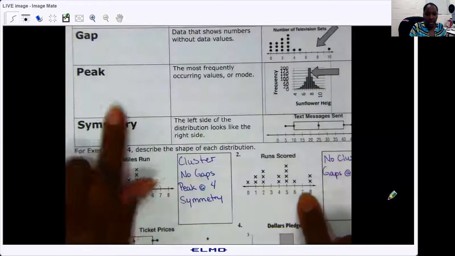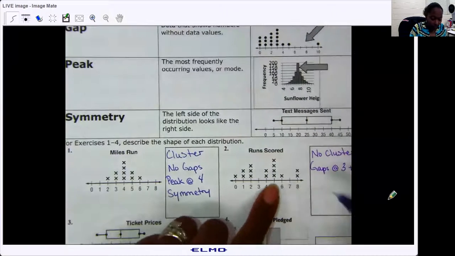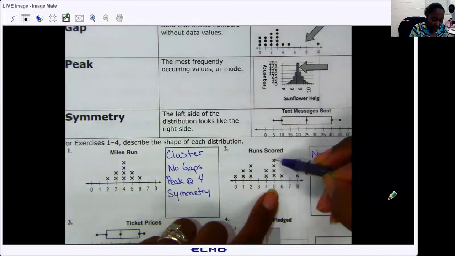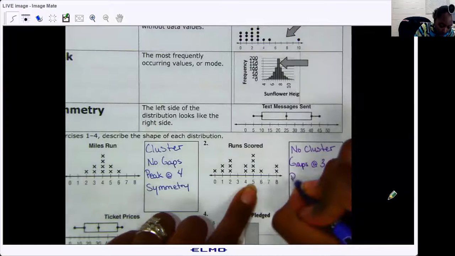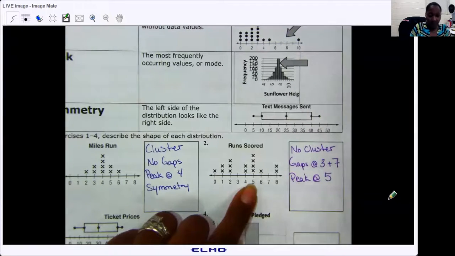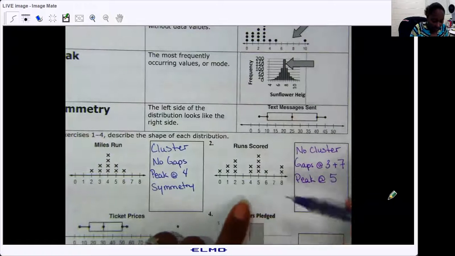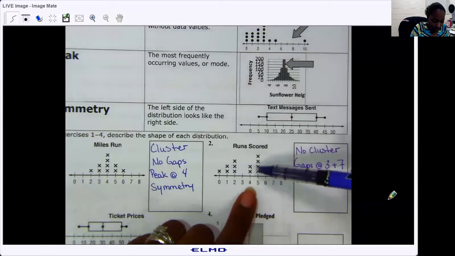Now, what about our peak? Is there a peak in our data? We do have a peak. The mode is 5, because there's 4 X's above it. So our peak is at 5. And then finally, our symmetry. If we look at the middle of our data, which, we have 8, so 4 would be the middle.